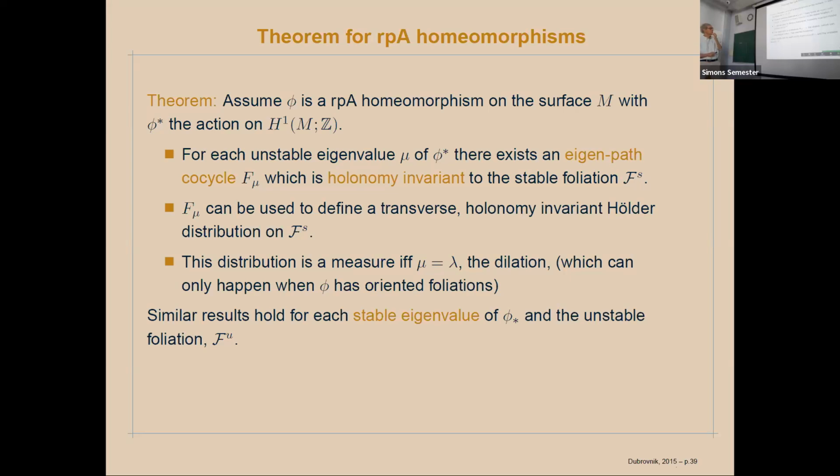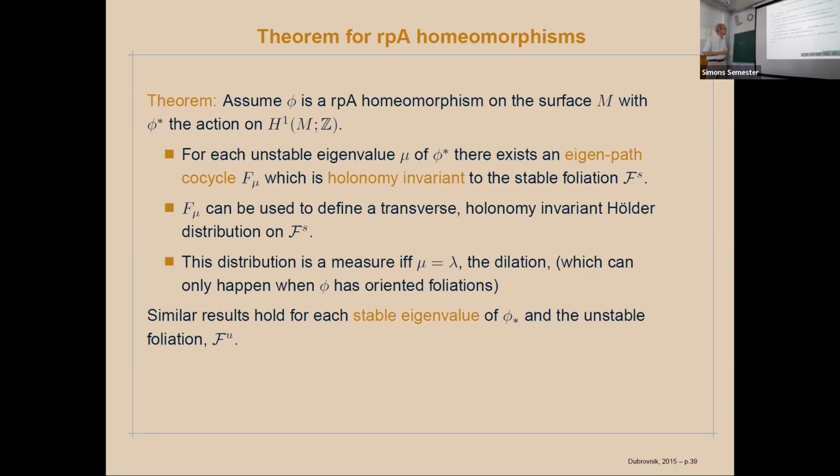And what we did is we used it to construct a transverse holonomy invariant distribution. This distribution is dual to continuous functions instead of just Holder functions if and only if the eigenvalue you chose was the dilatation.